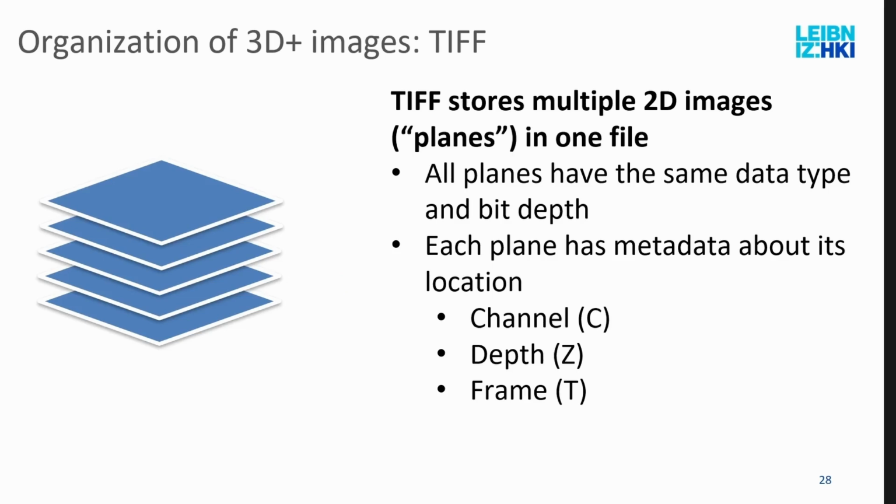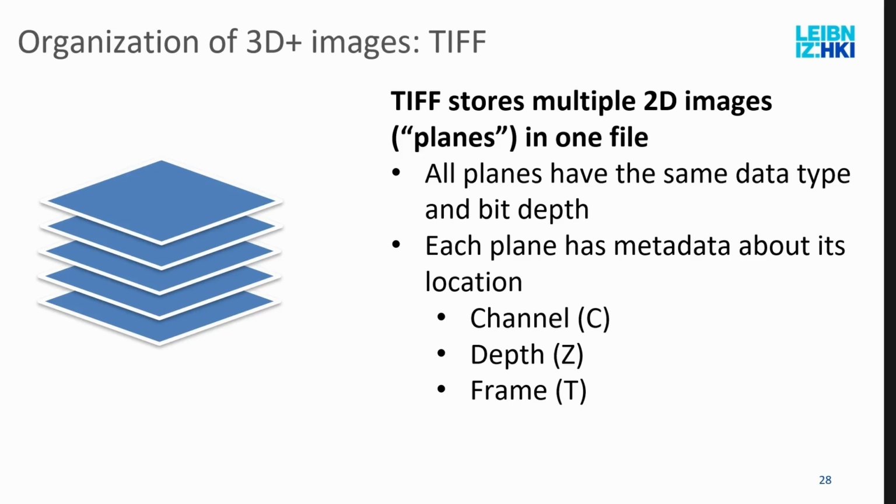TIFF cannot only be used for 2D images. It's a very, very broad standard that supports a lot of things and also metadata information. And TIFF can basically store an image stack as well in the form of these planes. And this way you have a three-dimensional image.